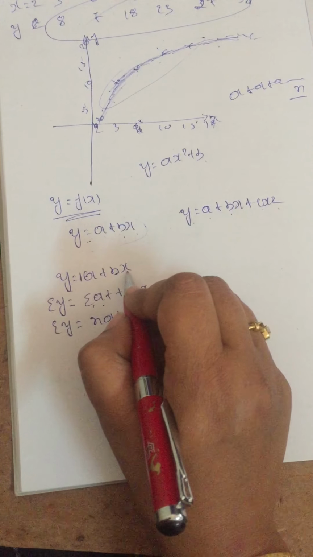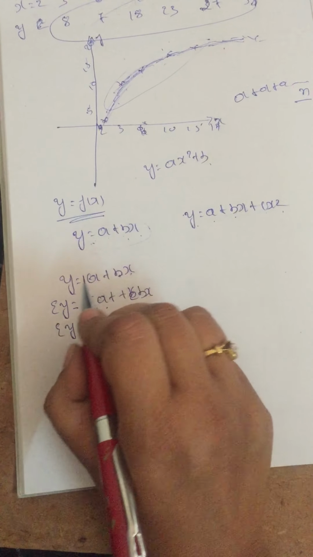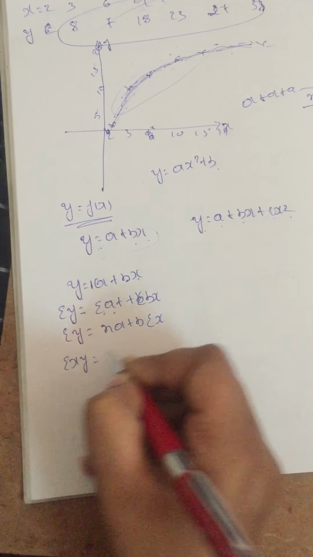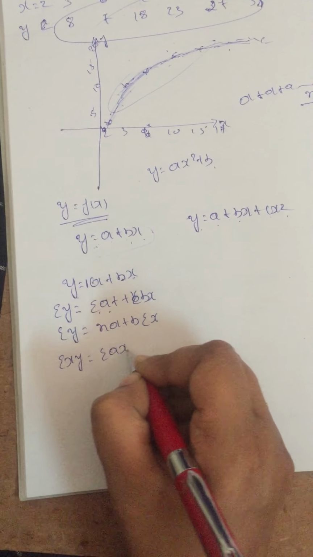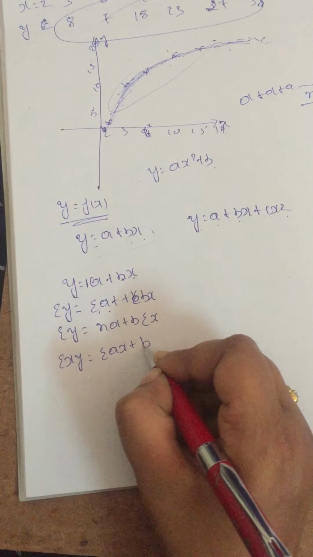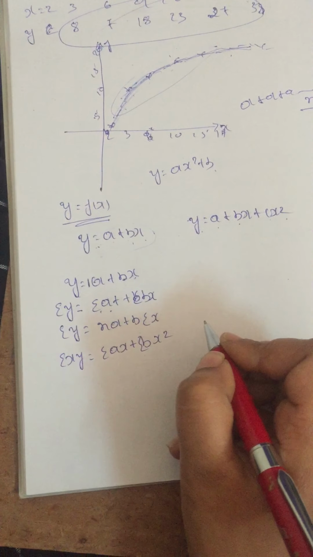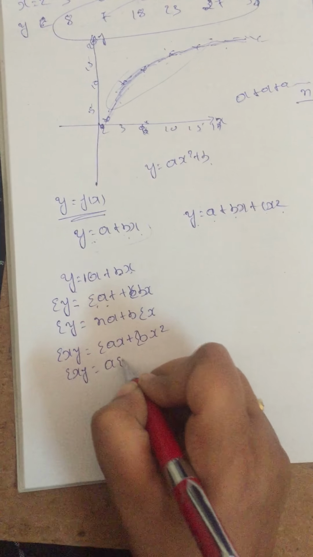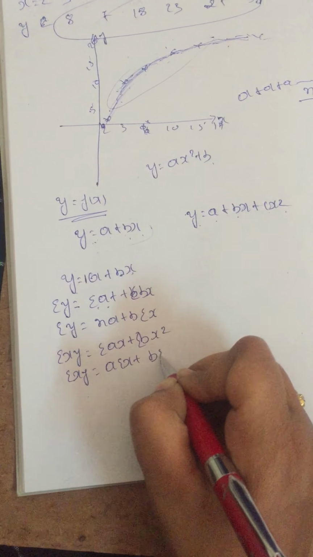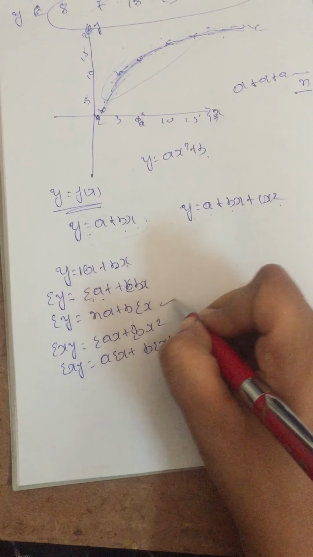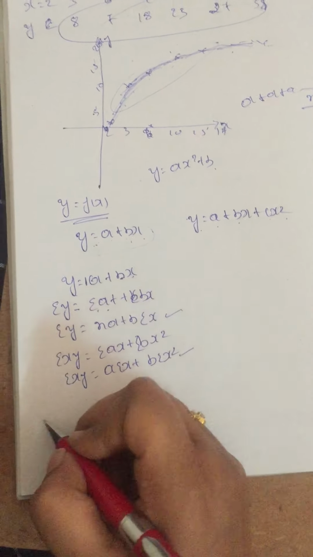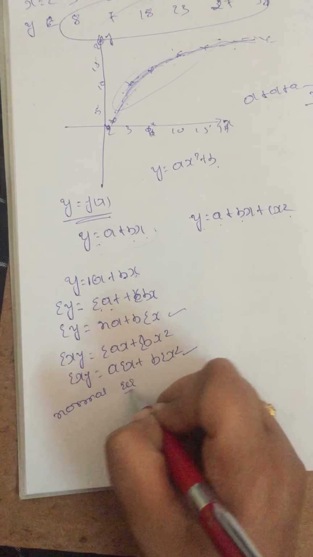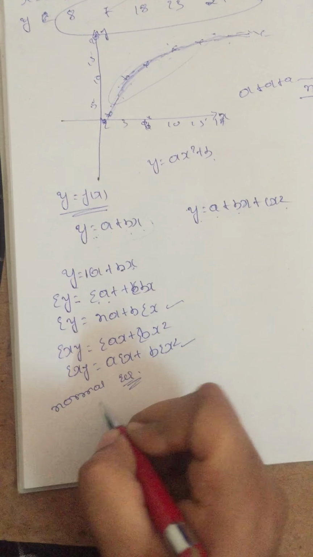So multiply by x on both sides and simultaneously take summation: summation xy is equal to a into summation x plus b into summation x square. These two are called the normal equations, and your a and b values are called parameters.